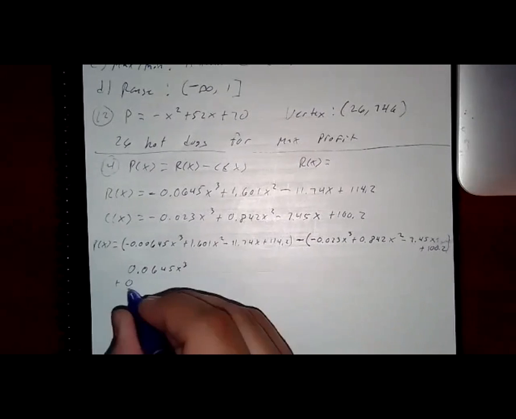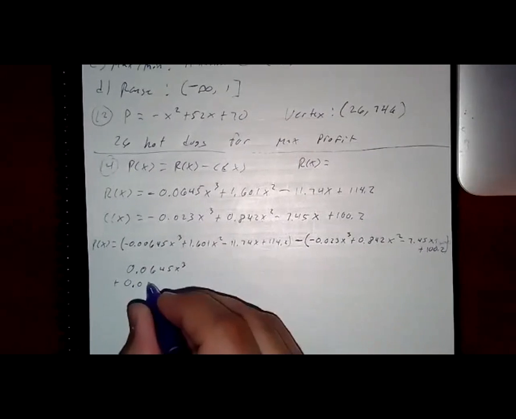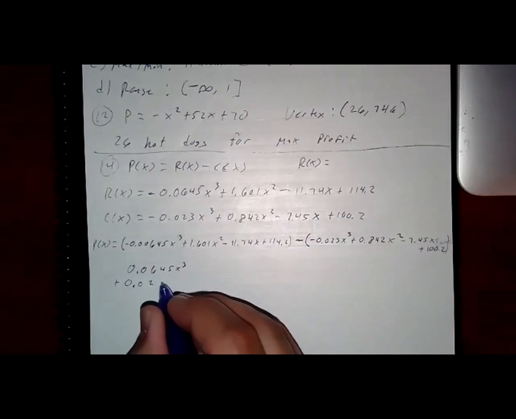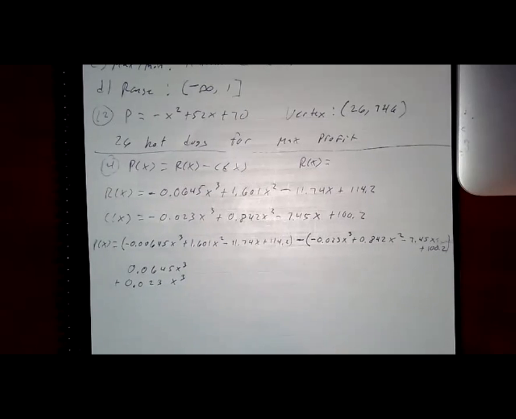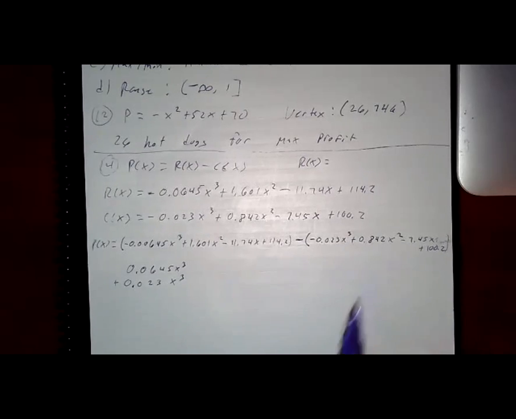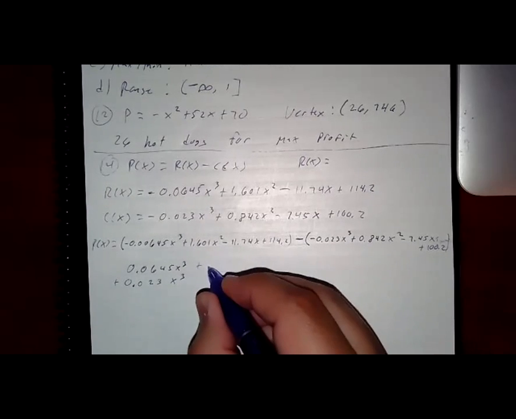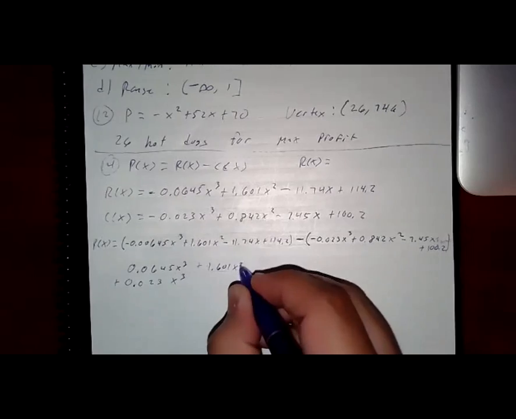You don't have to do it this way. I'm just doing it for no reason. Minus a plus, that would be 1.601x squared.